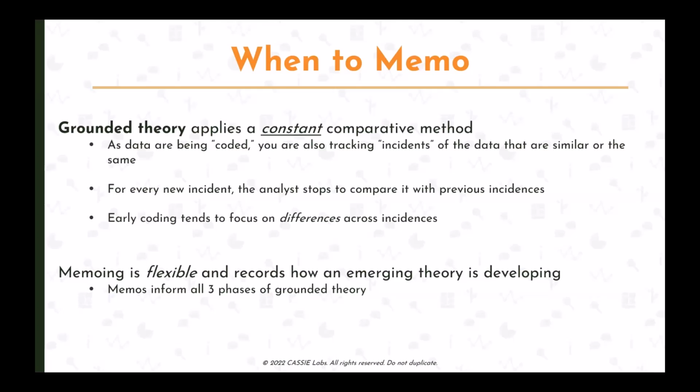Again, with a t-test, you can only do those things a certain way to get the right answer, and there is a quote-unquote right answer. This isn't the case when you're doing qualitative research, and especially grounded theory. And so your memos will reflect that kind of flexibility.